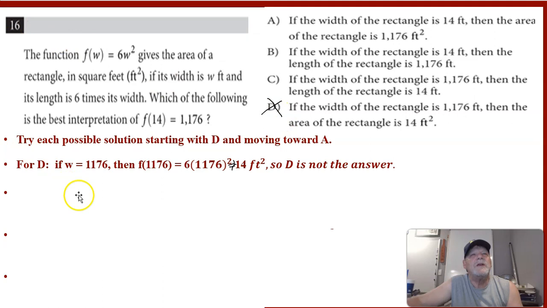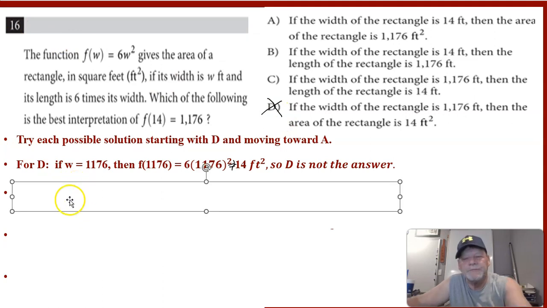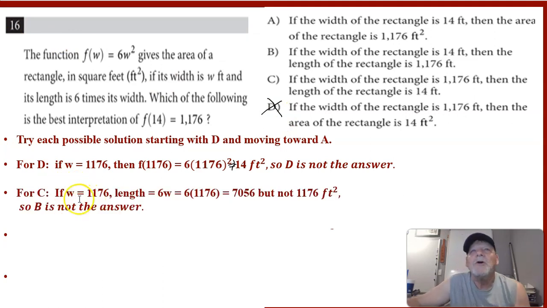Now let's go to C. We'll just work our way backwards. In C, it says that the width is 1176. And then it says if that's the case, then the length of the rectangle would be 14.